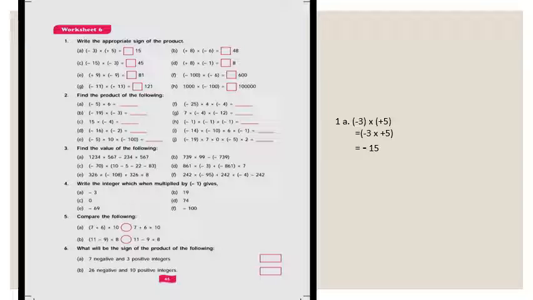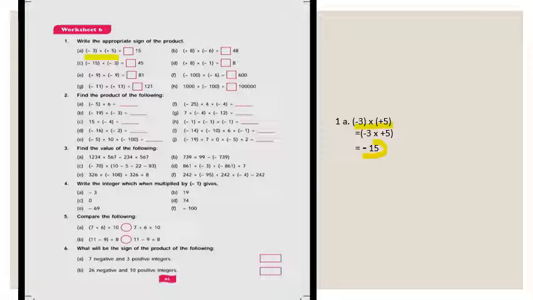It means you have to find the product of the given question and just write the sign of the integer in the given boxes, like minus 3 multiplied by plus 5 gives us negative 15, so negative is our required answer. So you have to fill the negative sign in the box.